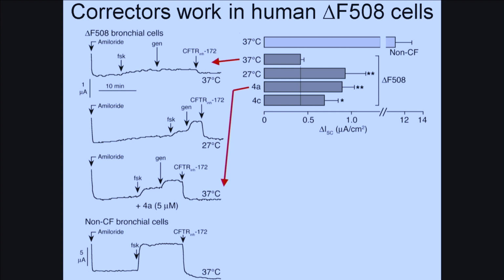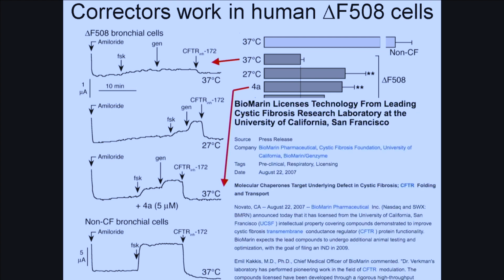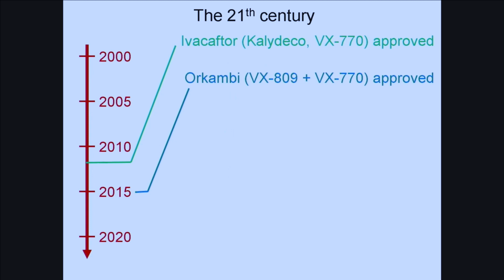So based on the work we did and the optimization of compounds, a little later, in 2007, we licensed the whole portfolio to BioMarin, a small California company, to develop this. And unfortunately, they were not all that effective in developing the compounds. And as you know, the winner in terms of getting the first compounds out there was Vertex.